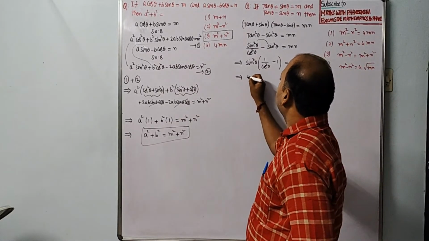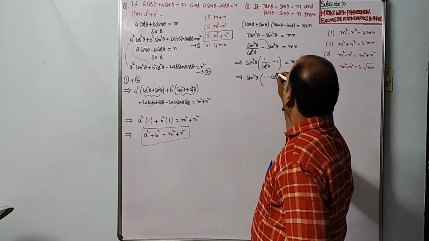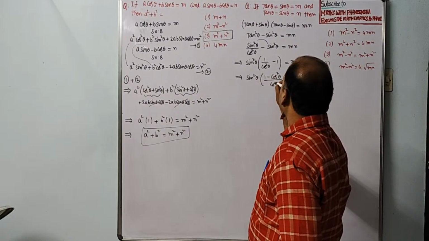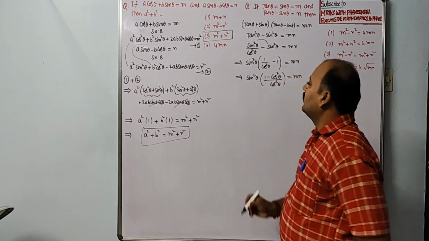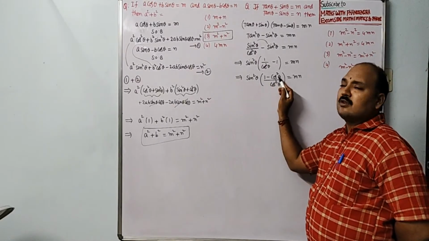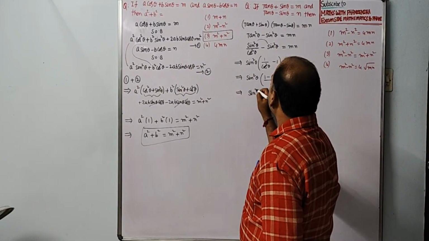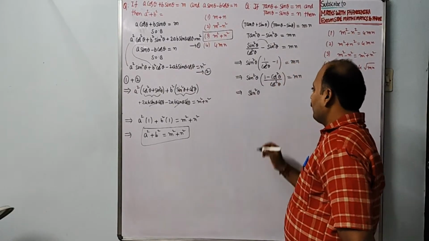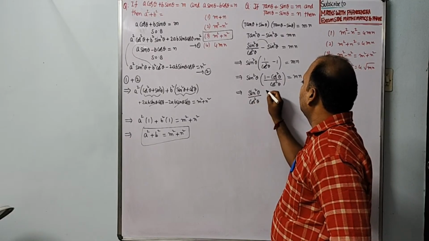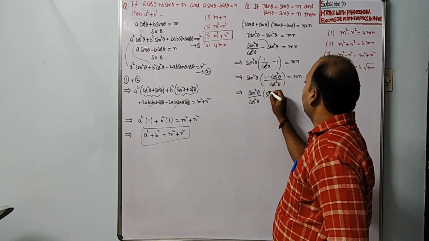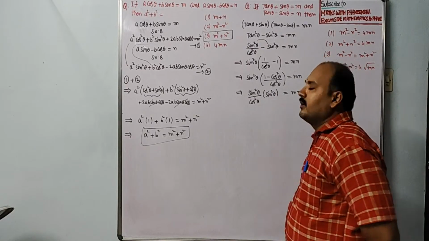So that implies that sin square theta into 1 minus cos square theta by cos square theta is equal to m into n. What is 1 minus cos square theta? Sin square theta. So sin square theta by cos square theta, 1 minus cos square theta is again sin square theta, is equal to m into n.